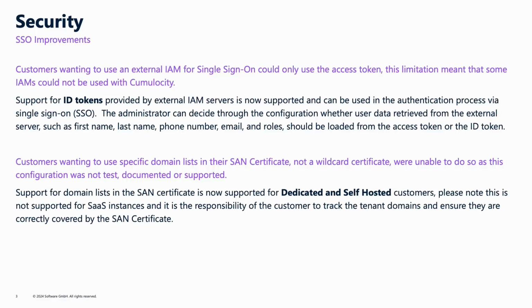To be very clear, it is the user's responsibility to ensure that the SAN certificate has all of the appropriate domains in that certificate to support all of the tenants on your instance. But that is now supported. So if your organization doesn't like using wildcard certificates and you have a dedicated or self-hosted instance, then you can use the SAN certificate.